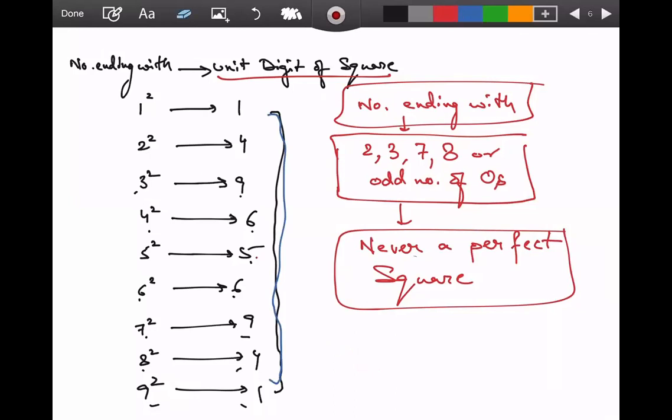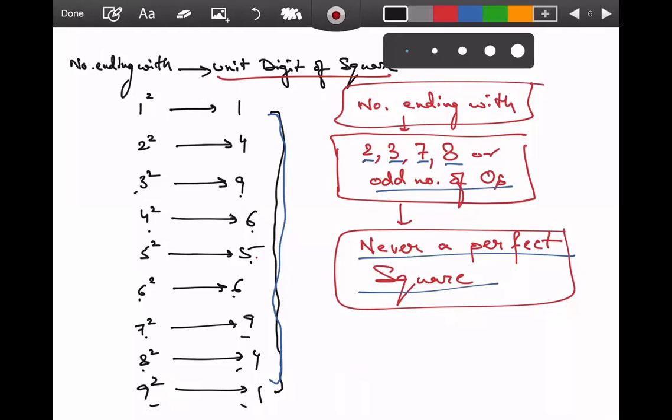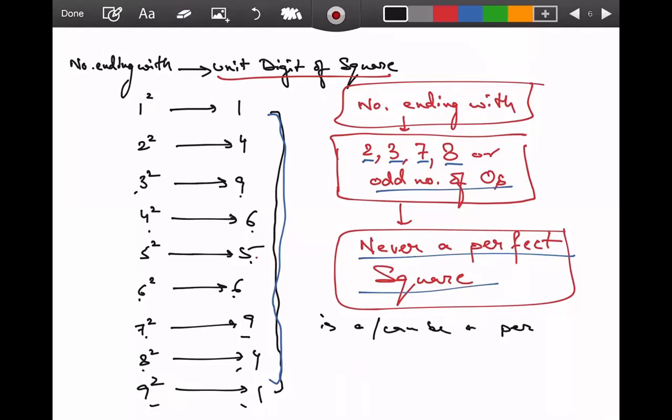So don't assume it. If you see an option ending with 2, 3, 7, 8 or an odd number of zeros, you can directly eliminate it if you are supposed to find the square of a number or a perfect square. So you can have questions like which of the following is or can be a perfect square.